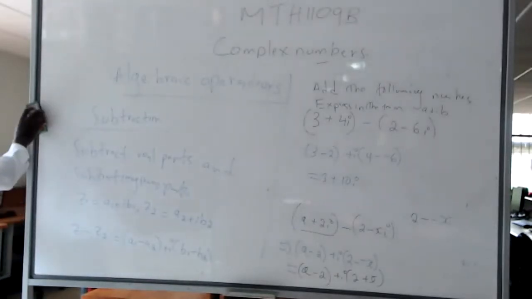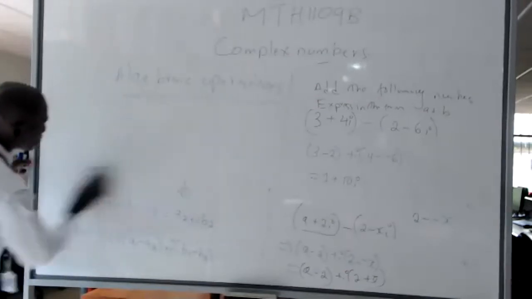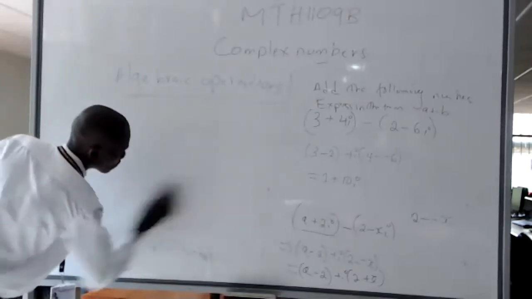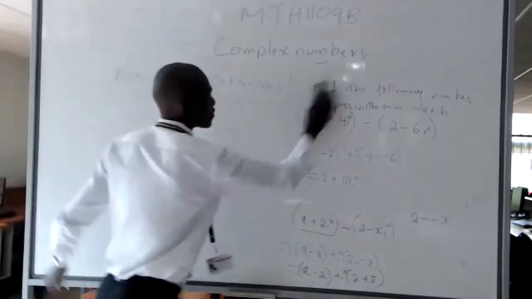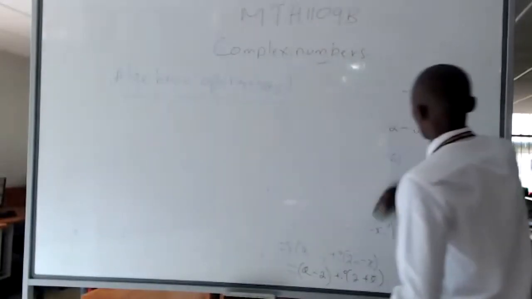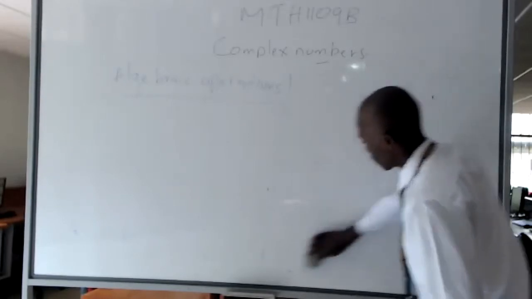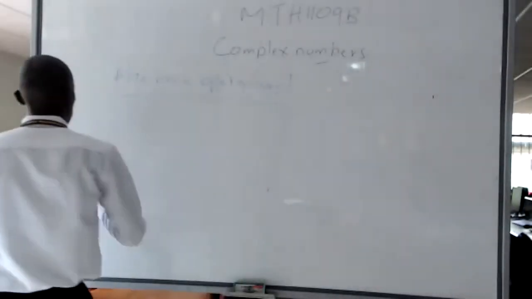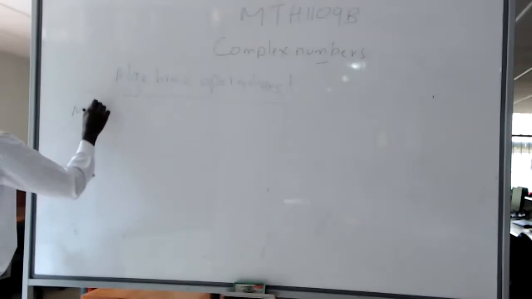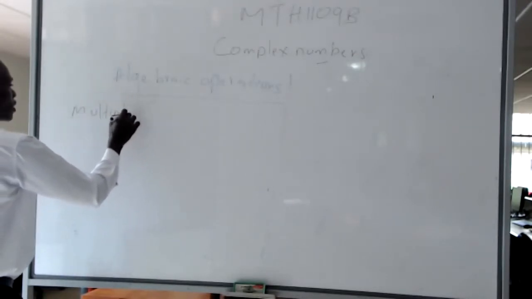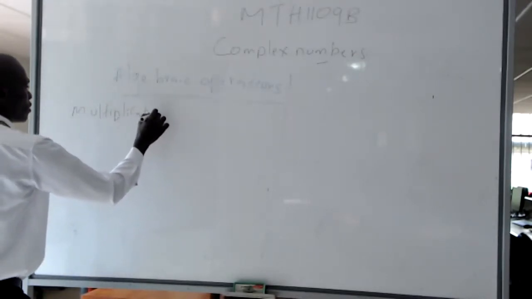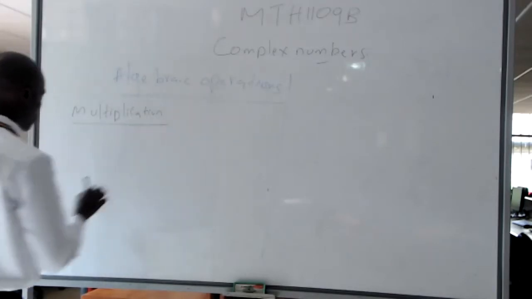Good. Let's look at multiplication. Multiplication of complex numbers. Very easy.